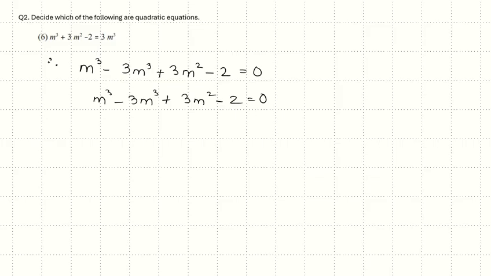So here, the highest index, this is plus and this is minus. m cube and m cube is common in this. So plus 1 into minus 1, plus into minus is minus. 3 minus 1 is 2, sign of the bigger number minus, and m cube as it is, plus 3m square minus 2 is equal to 0. This is the general form that we arrange the equation in, but here the highest index is 3. Therefore, the given equation is not a quadratic equation.